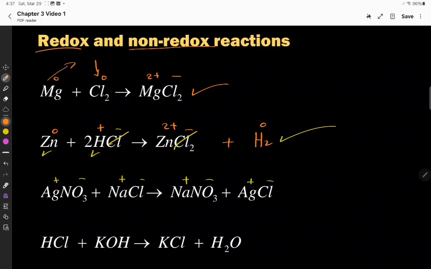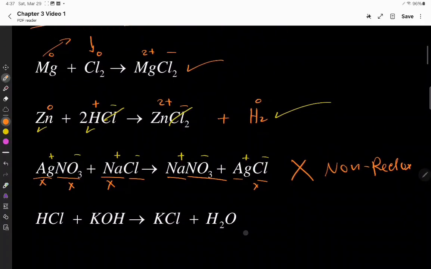Did any one of them change, or do you see any change in the oxidation number before and after the arrow? Positive 1, no change. Negative 1, no change. Positive 1, no change. Negative 1, no change. So this reaction is non-redox, because it did not involve oxidation and reduction.